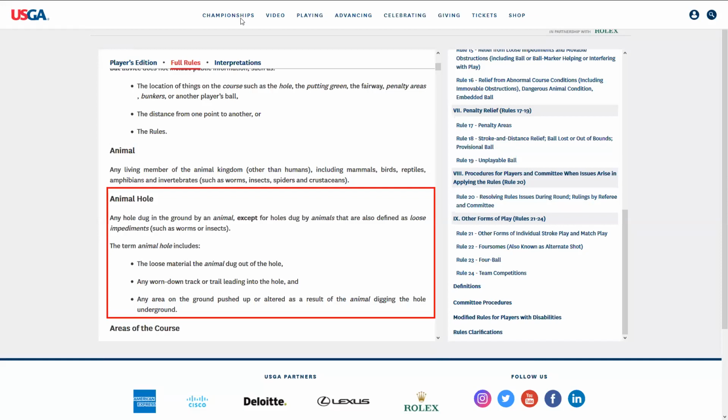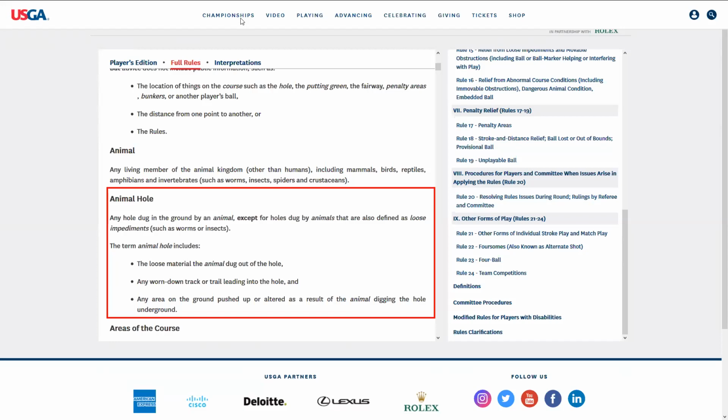The term animal hole includes the loose material the animal dug out, any worn down track or trail leading into the hole, and any area on the ground pushed up or altered as a result of the animal digging in the hole underground.